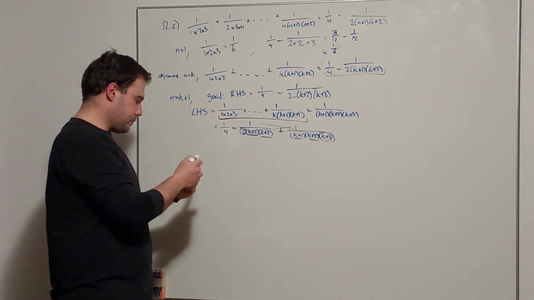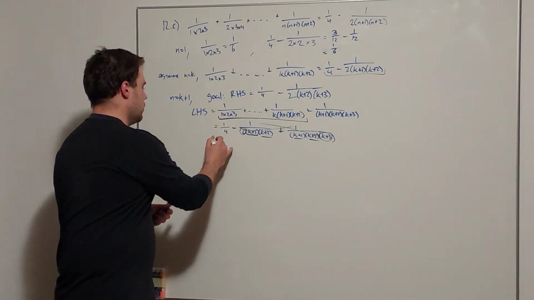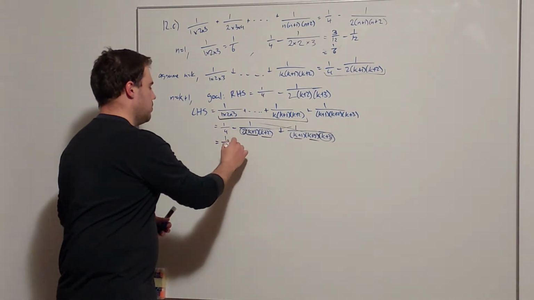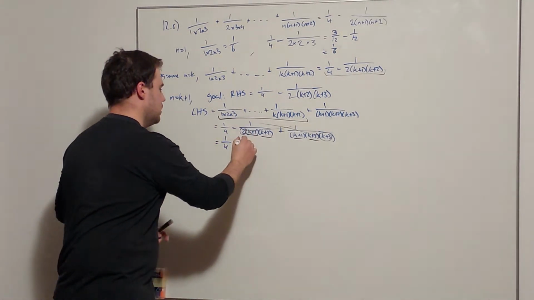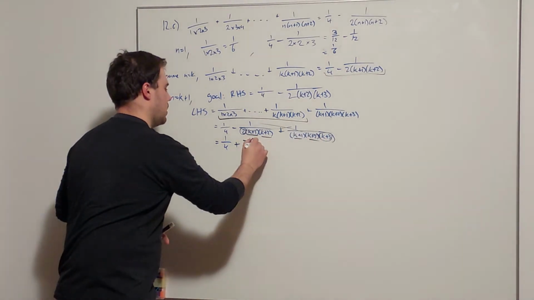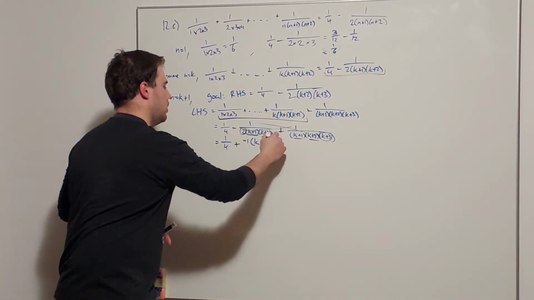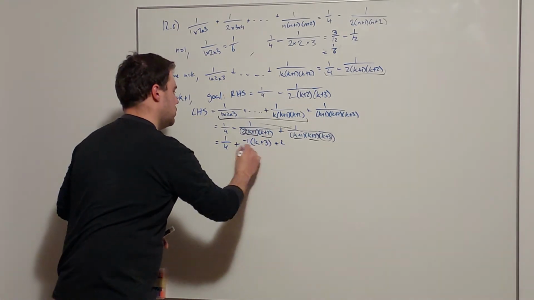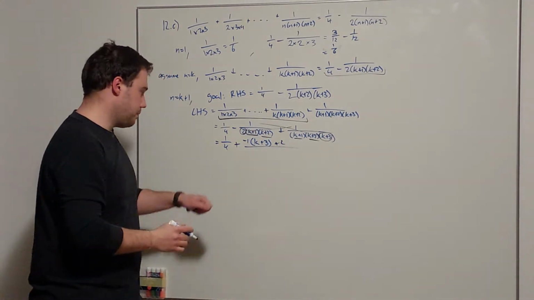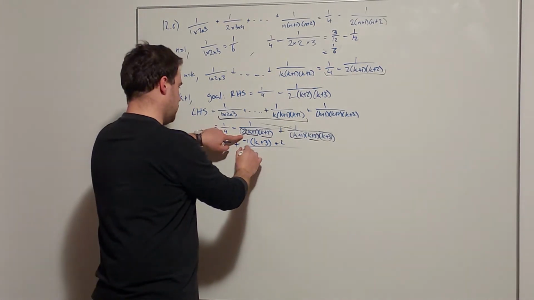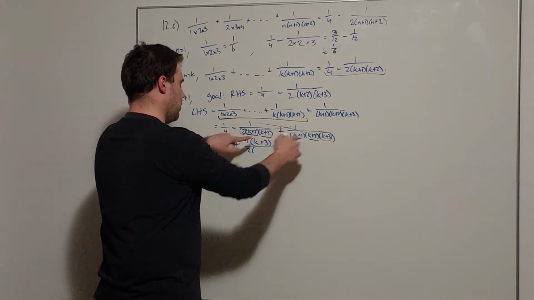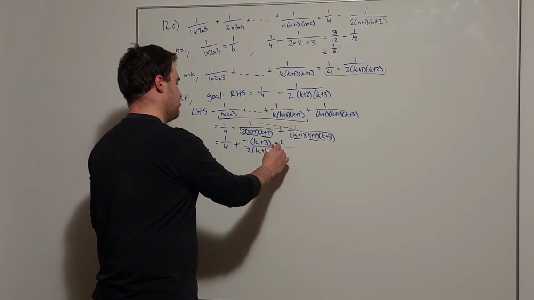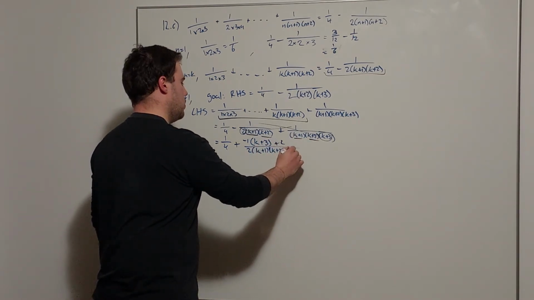So we've got 1 on 4, and I'm going to write this as a plus, but then minus 1 times the k plus 3, plus 1 times 2 is 2, with our common factors on the bottom.